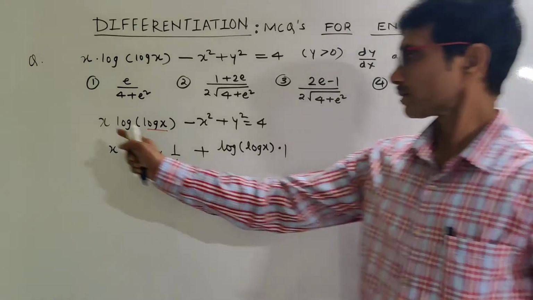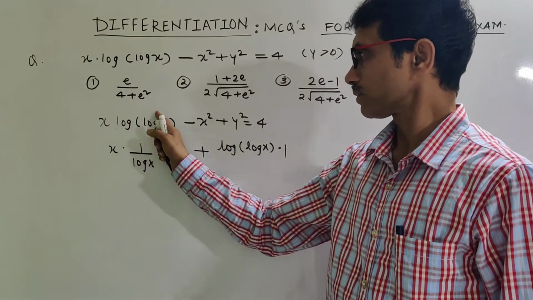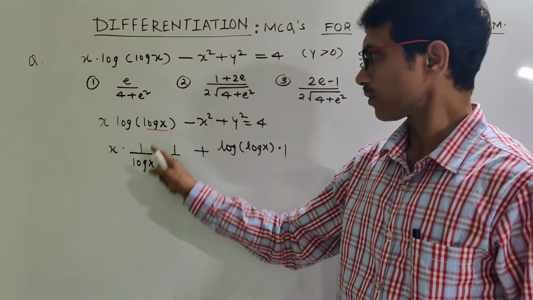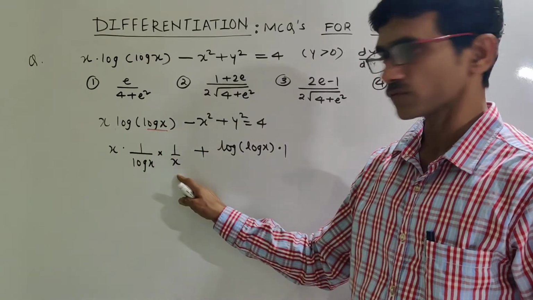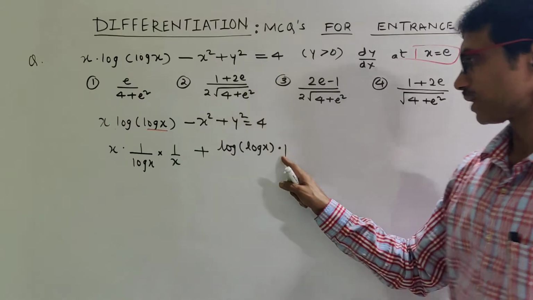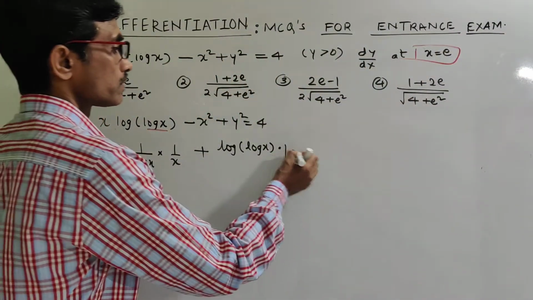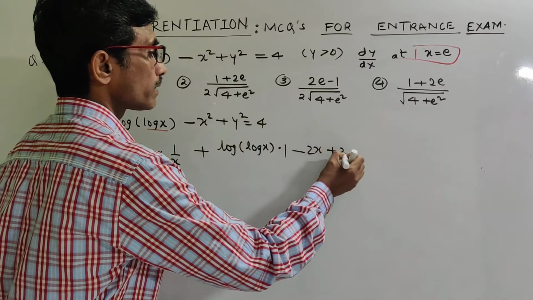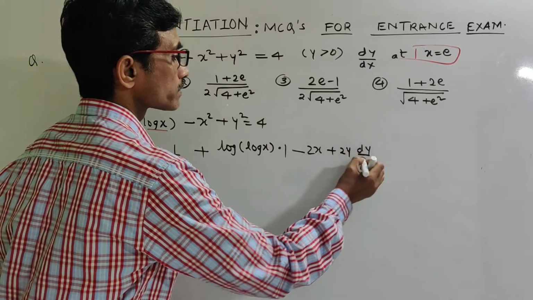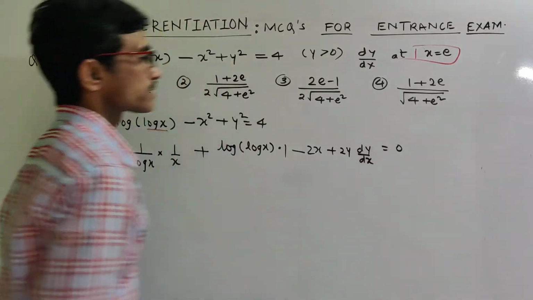Here is product x log log x, so its derivative will be x into derivative of this 1 upon log of x, and again derivative of log x 1 by x, plus log of log x into derivative of x, that is 1, derivative of minus x square is minus 2x, and 2y into dy by dx. Right hand side will be 0, constant.